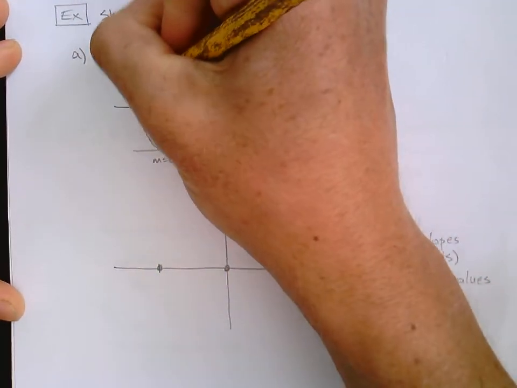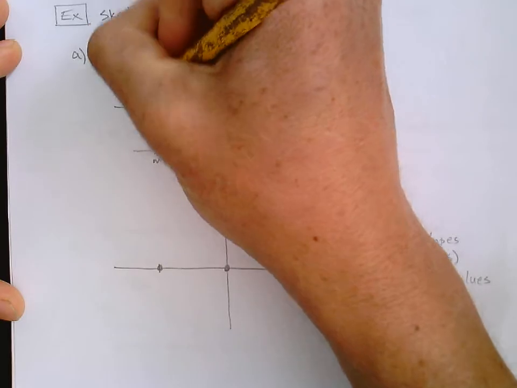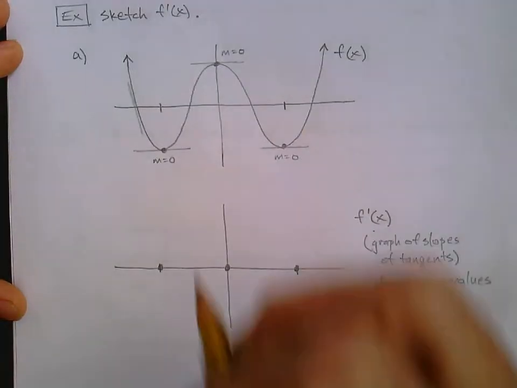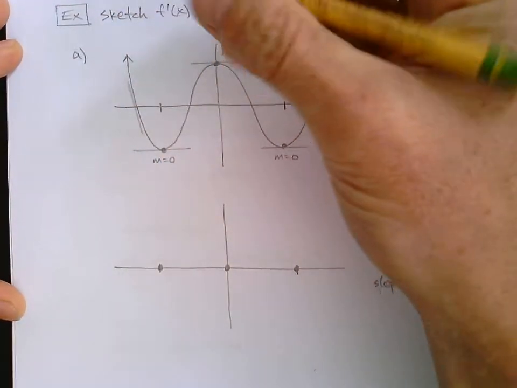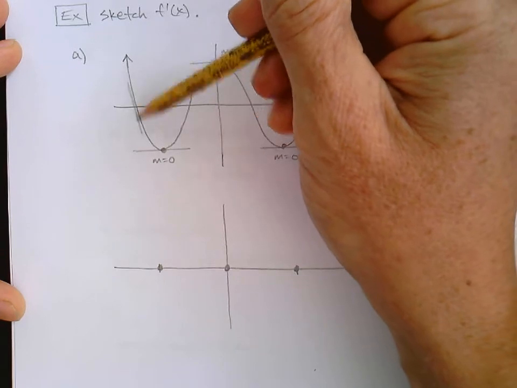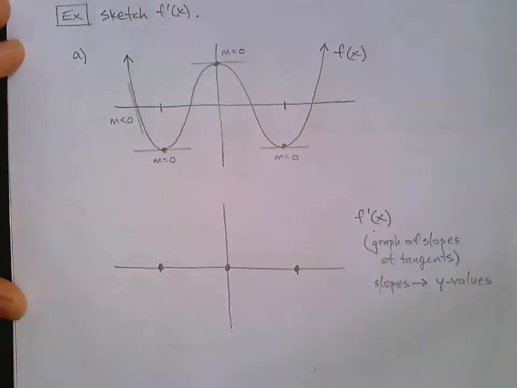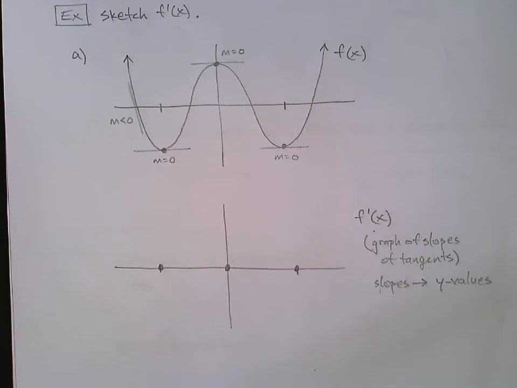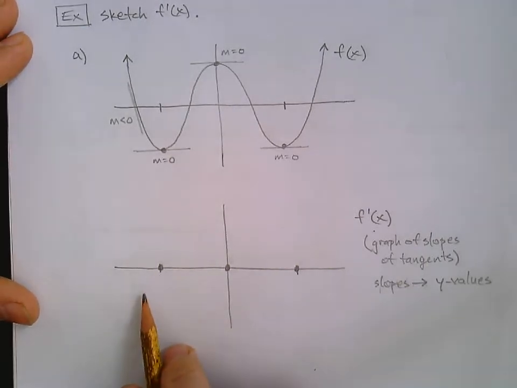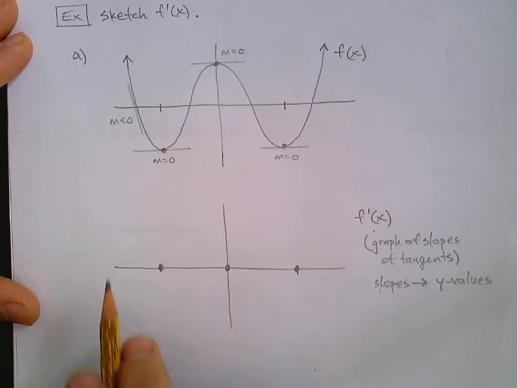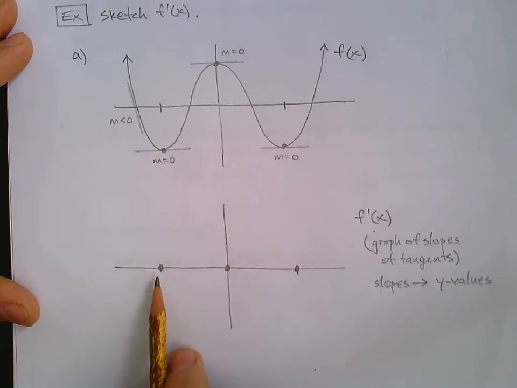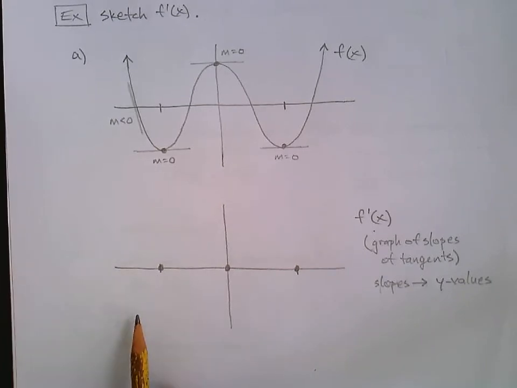So if we were to think of these tangent lines here, or the slopes, aren't all of these slopes negative? m is less than 0. Negative slopes, right? So when we go to graph, we want negative y values. Negative slope means we graph a negative y value.